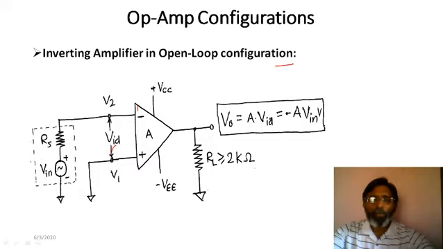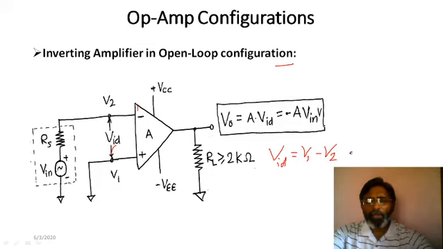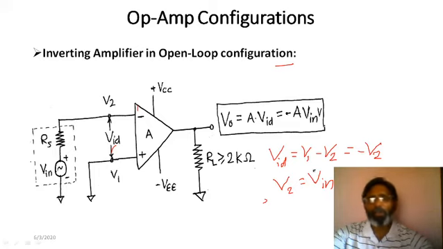So we know that VID is equal to what? VID is equal to V1 minus V2. Okay. So as V1 is 0 in this case, this will be equal to minus V2. And we know that this V2 is equal to V in, because we have applied input to the inverting terminal.